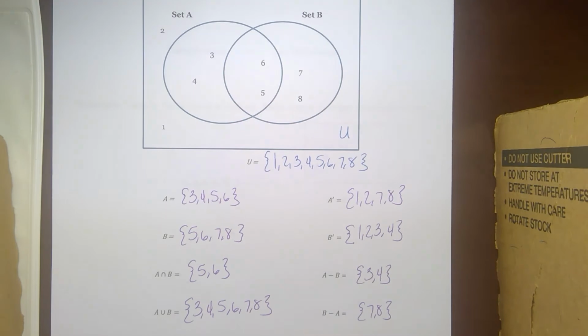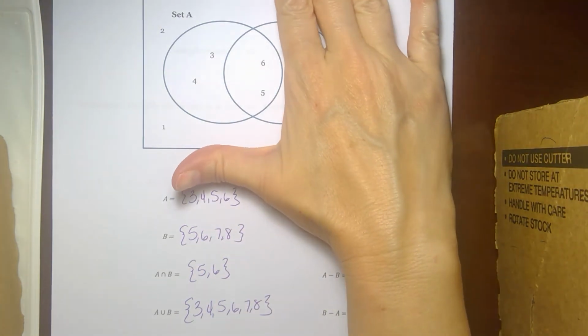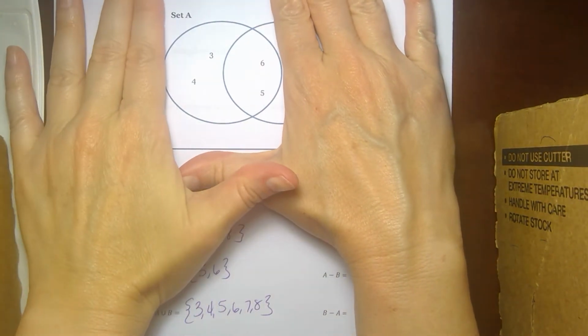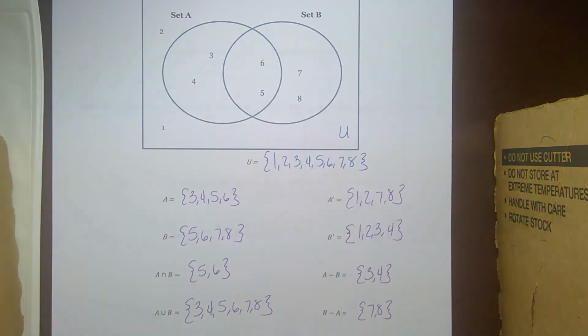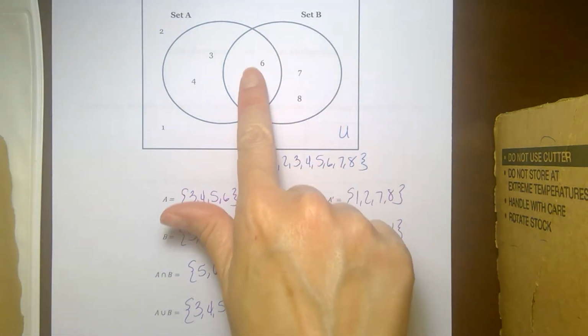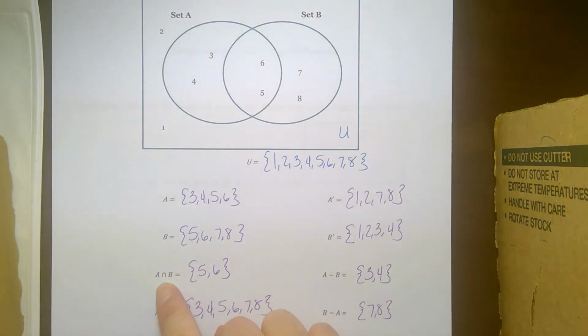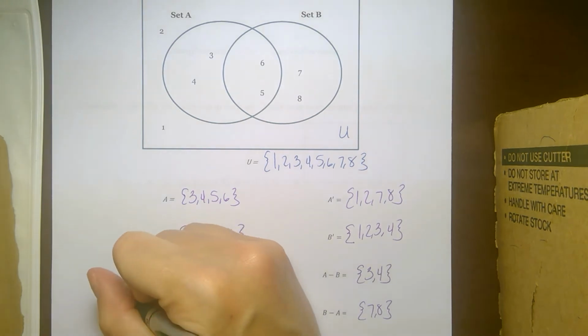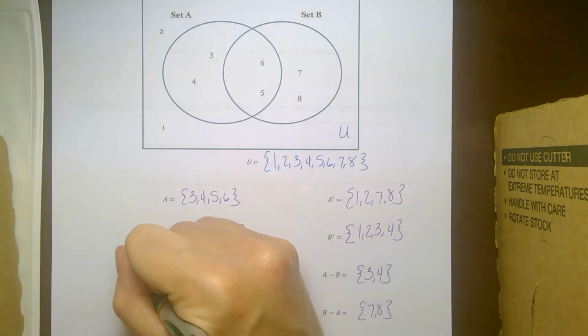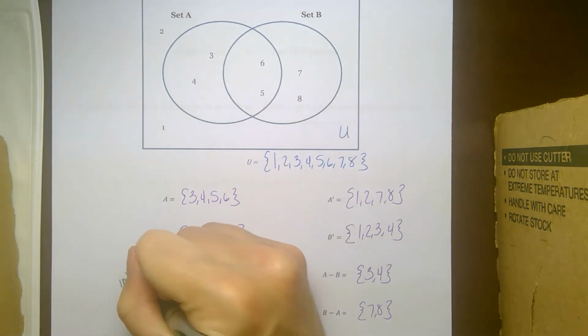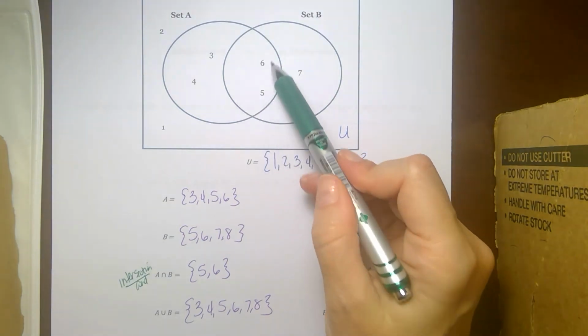Loop A is everything inside that A circle, so I'm covering up anything not the A circle for set A. Set B, I'm only looking at those 4 elements inside the B loop. A and B, remember this is my intersection. This is my keyword and. I'm only looking at the region that they share.